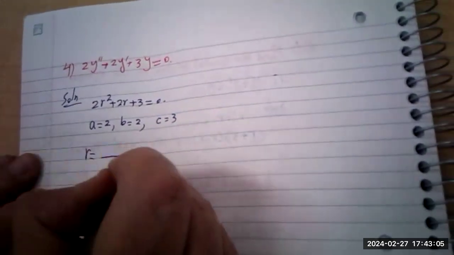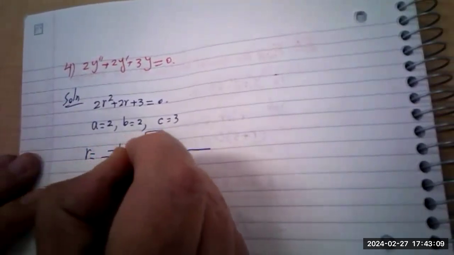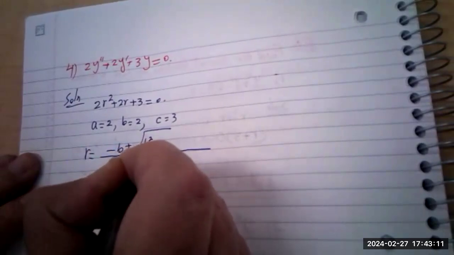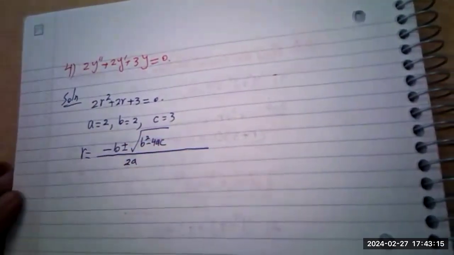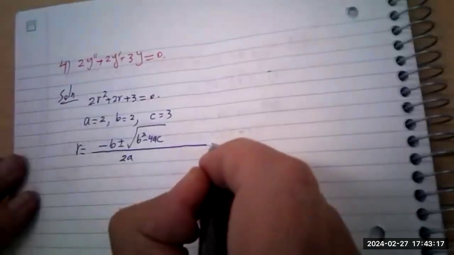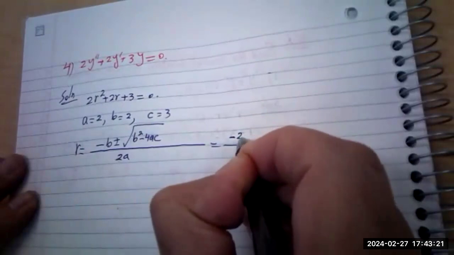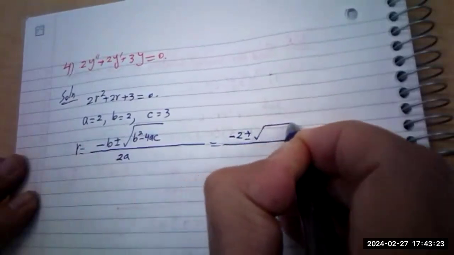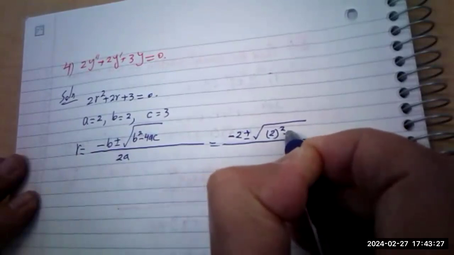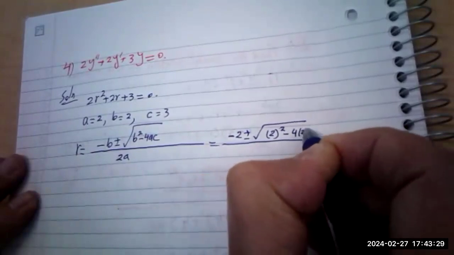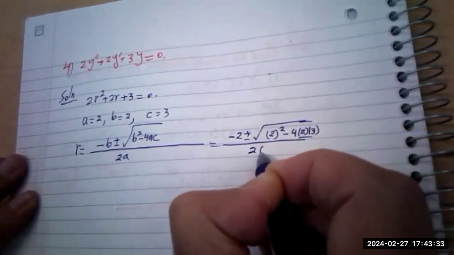This is it: negative b plus or minus the square root of b squared minus 4ac, over 2a. Carefully substitute and simplify. Negative b would be negative 2, plus or minus the square root of 2 squared minus 4ac, 4 times 2 times 3, divided by 2a, 2 times 2.